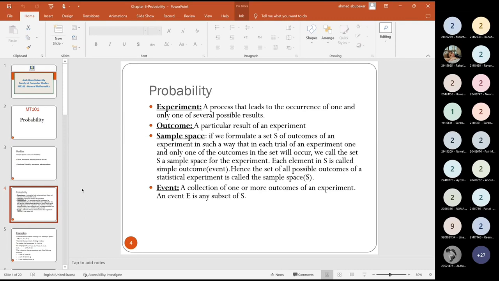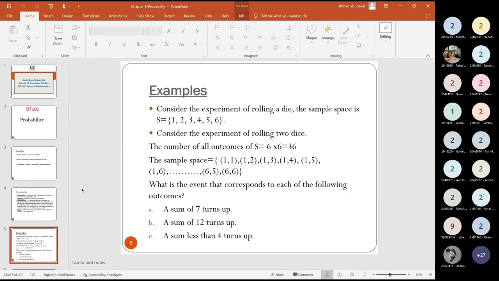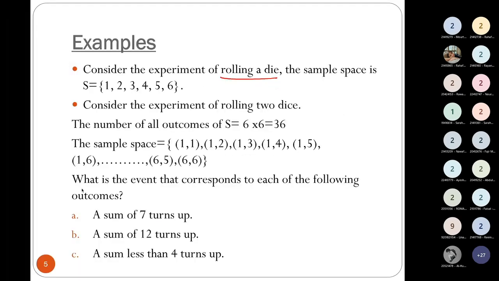Okay, the outcome is the result from an experiment. For example, if we have rolling a die, we have 6 results or 6 outcomes. Each one of these is called an outcome.